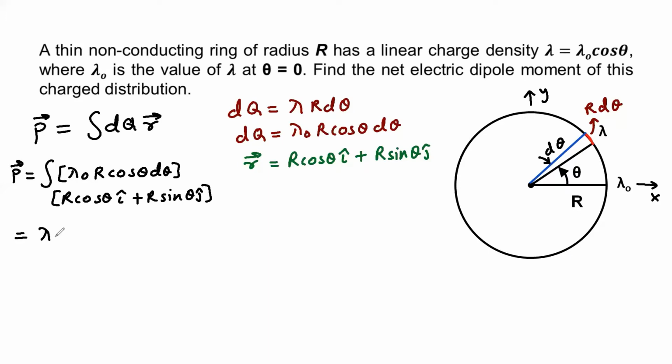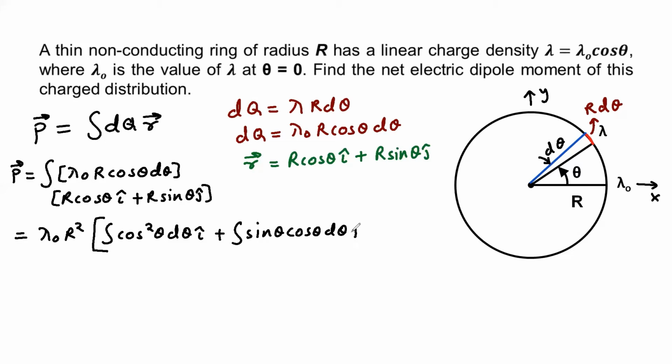I can take the constants outside. It is going to be lambda naught r square. These are the constants. Integral cos square theta d theta i cap plus sin theta cos theta d theta j cap.